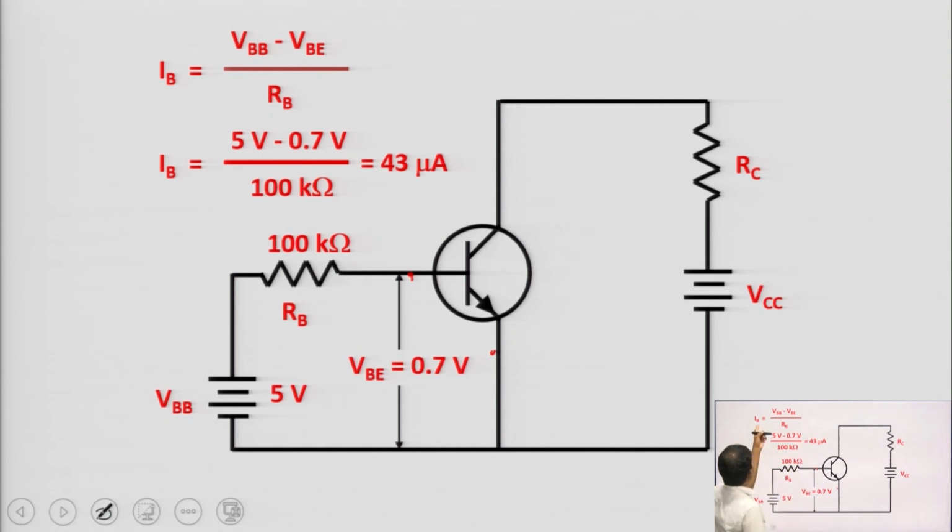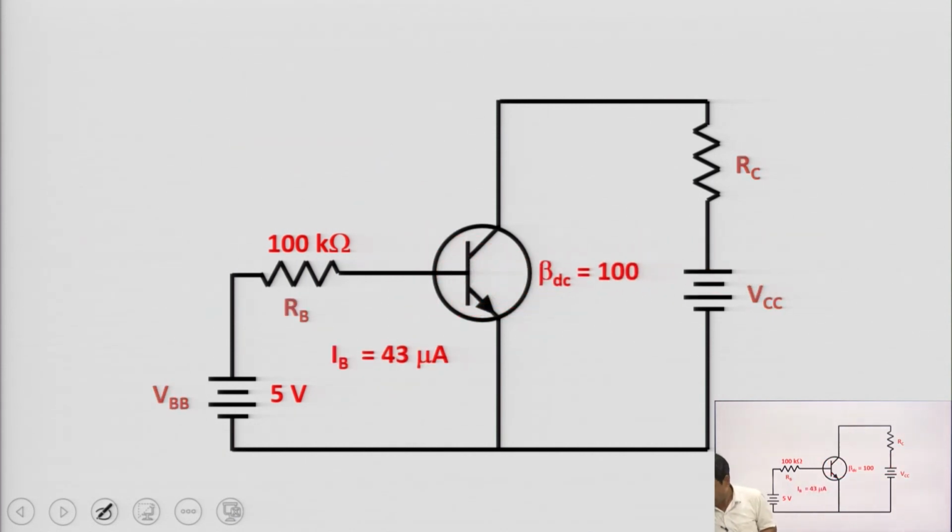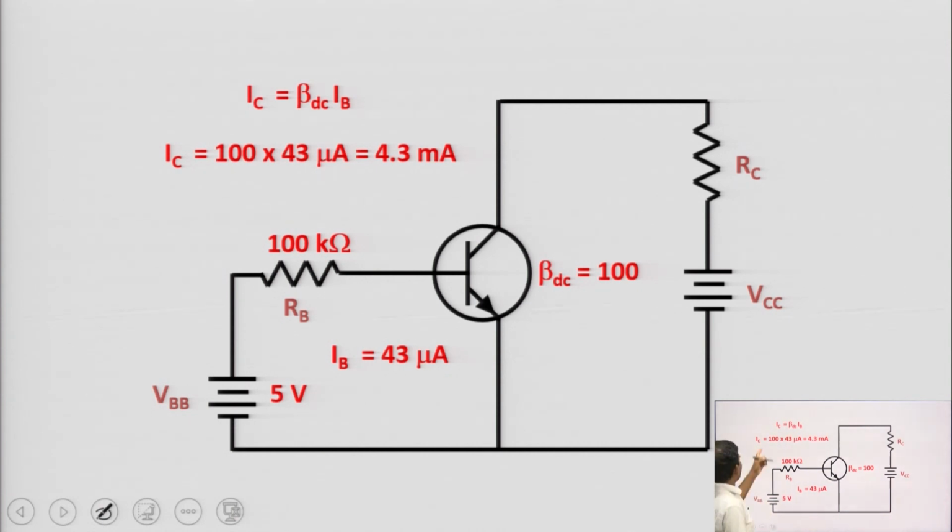Then IB equals VBB minus VBE upon RB, that is 5 minus 0.7 upon 100 kilo ohm, which is equal to 43 microampere. Now, IB equals 43 microampere, suppose beta is equal to 100, then IC equals beta DC into IB, which is equal to 4.3 milliampere.